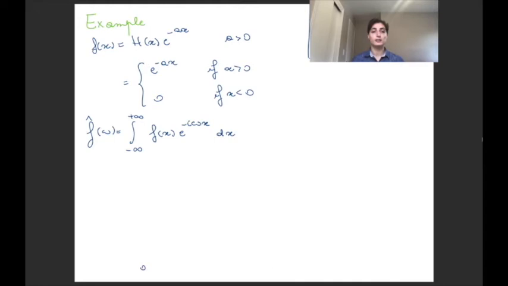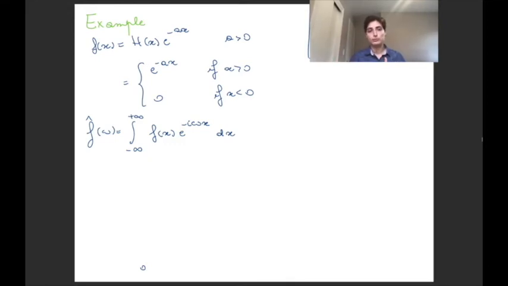Let's look at another example. This is the Heaviside function multiplied by a real exponential. The exponent is minus a x, and we want this to be decaying, otherwise we cannot apply the Fourier transform, so we need the coefficient a to be strictly positive.